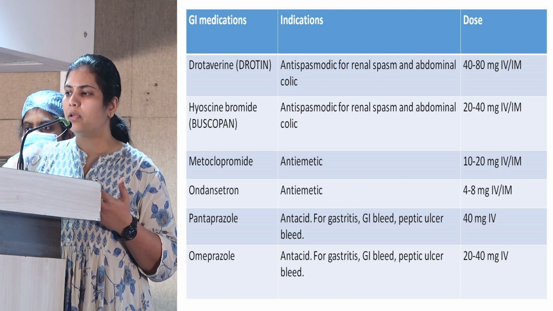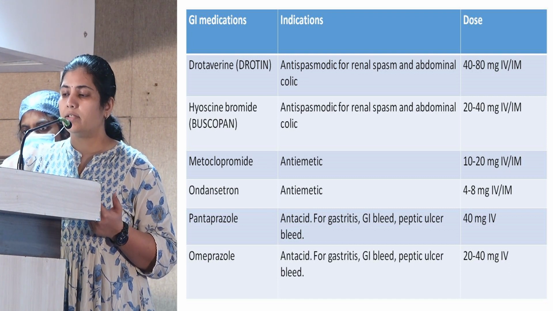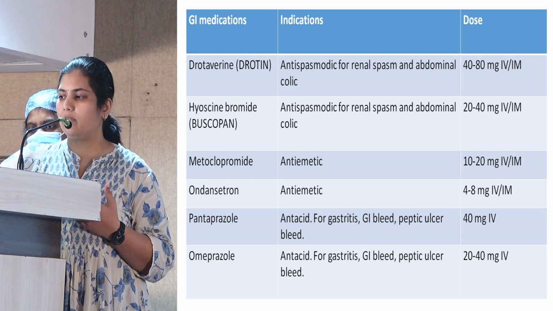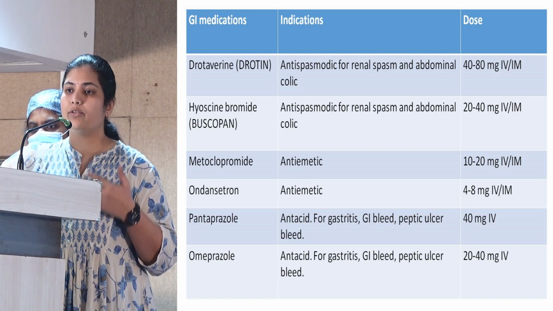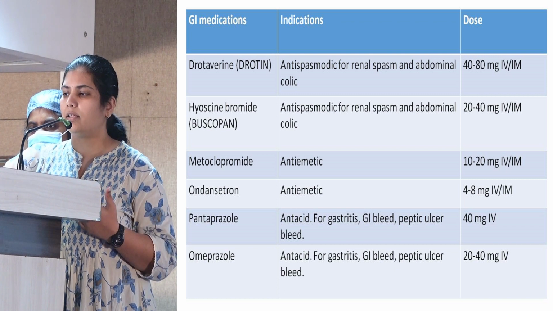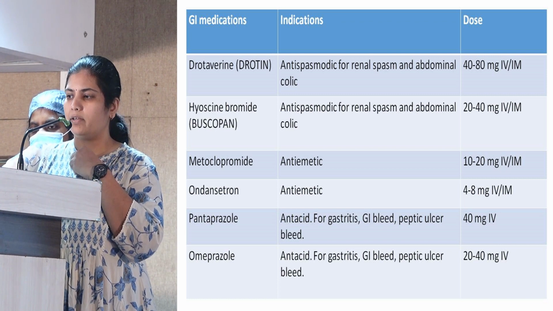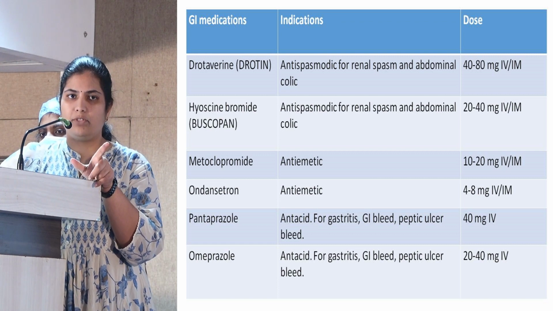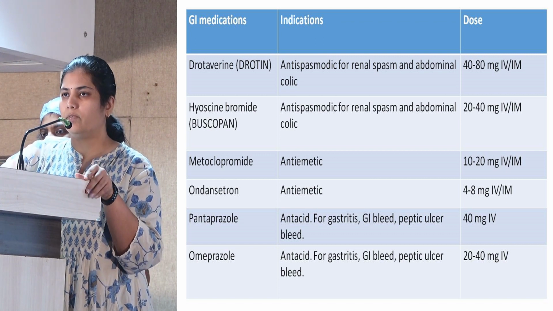Other than that, if a patient has a GI bleed because of gastritis, peptic ulcer, or high doses of medications and antibiotics, then we can give pantoprazole. Pantop 1 vial contains 40 mg, which we dilute and give.